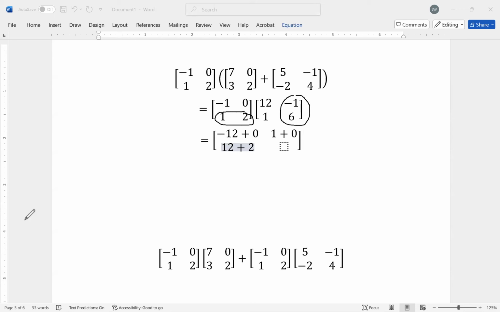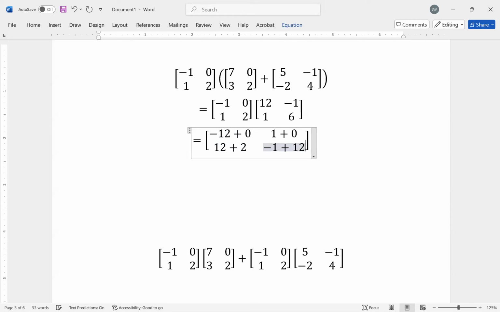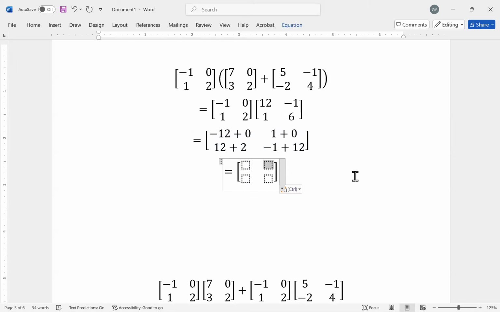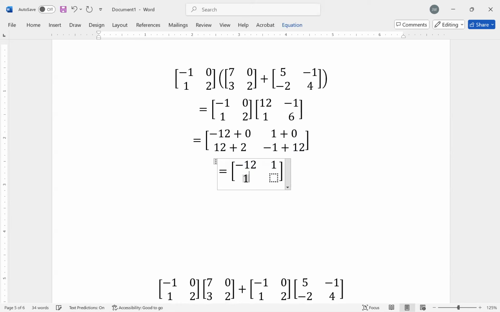Let me just clear those. So we end up with a final answer of a 2 by 2 matrix whose entries are -12, 1, 14, and 11.